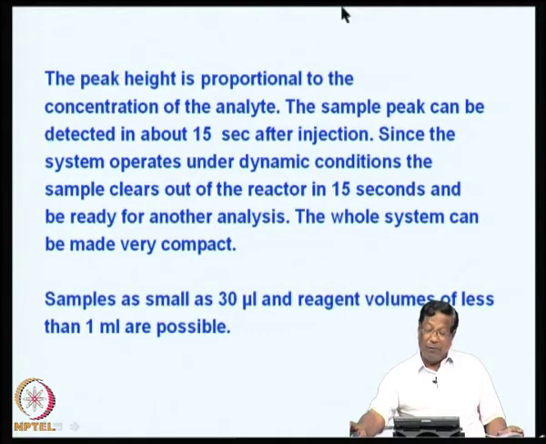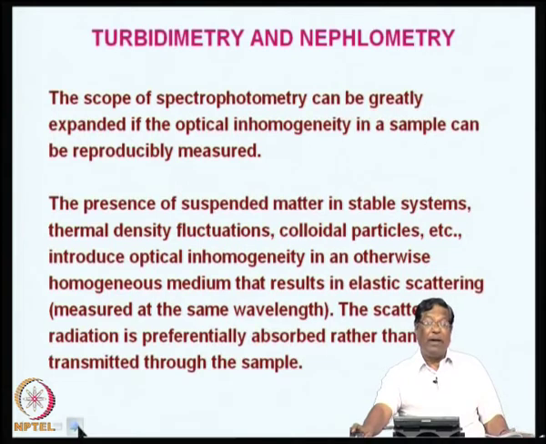So, the advantage of flow injection analysis is that you can handle samples as small as 30 microliters, and reagent volumes are also very small, almost 1 ml or something like that you can control, and you can have measurements made like this.